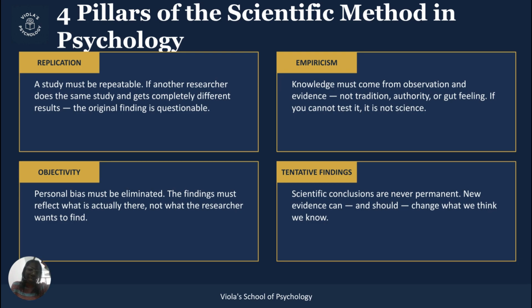Okay, so pillar 2 is empiricism. This one is huge. Empiricism means knowledge must come from observation and evidence, not from tradition, not from authority, not from what your grandmother told you, okay? Not from what feels right, not from any kind of opinion. If you cannot observe it, you cannot test it and measure it, it does not count as scientific evidence.